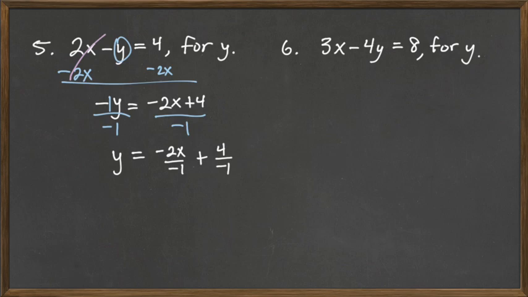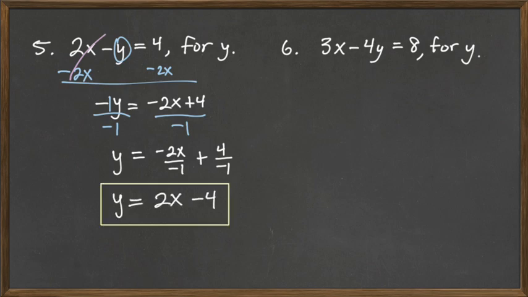We can break this single fraction into two fractions, and so we have y equals negative 2 over negative 1 times x. Well, a negative divided by a negative is a positive. We're going to get y equals 2x. And notice 4 divided by negative 1 is negative 4, and that's how we get the minus 4.